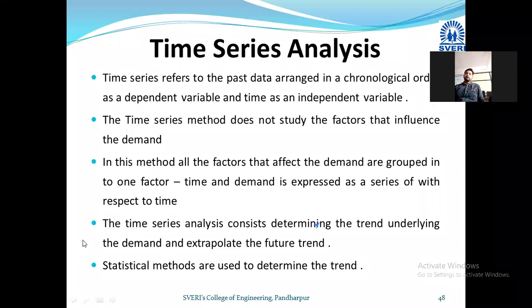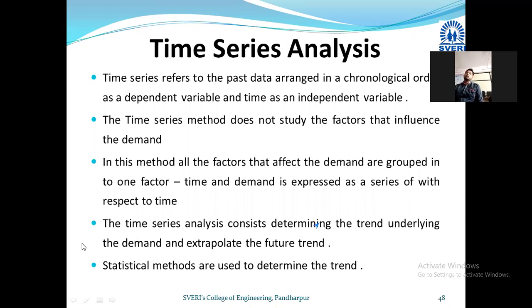Time series refers to the past data arranged in a chronological order, with the variable as a dependent variable, and time as an independent variable.